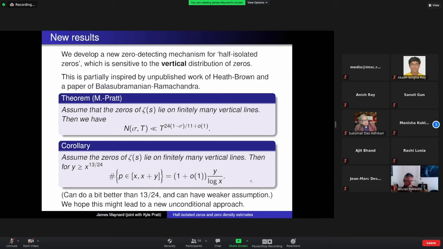And the main point of this is slightly less conditional results, but we hope that this might lead to a new unconditional approach about primes in short intervals, although there are certainly new ideas required if you're going to, say, make this corollary unconditional.